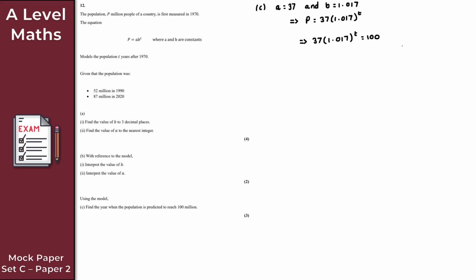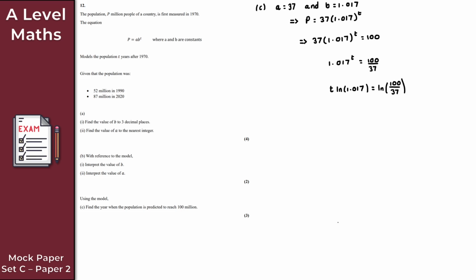Okay, so first step here, divide both sides by 37 to get 1.017 to the T is equal to 100 over 37. Now for the next step, I'm going to take logs of both sides, right, and apply the laws of logarithms. So in that case, what I get is T ln of 1.017 is equal to ln of this fraction, 100 over 37, like so.